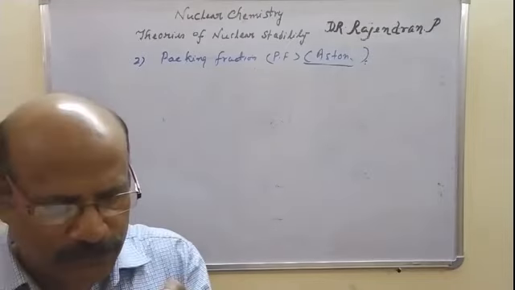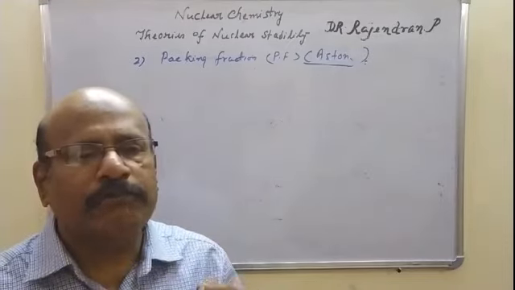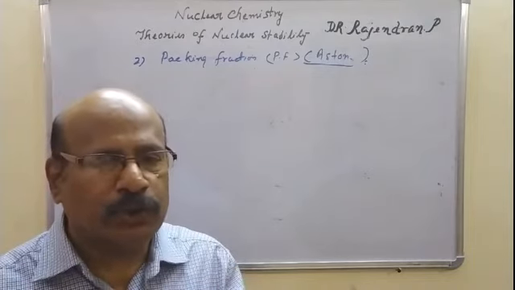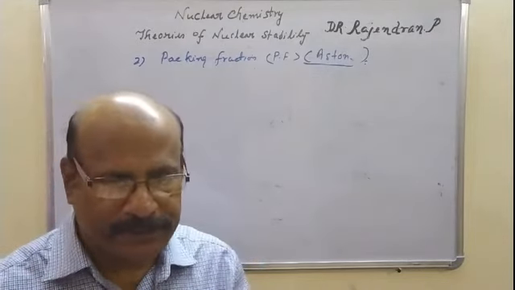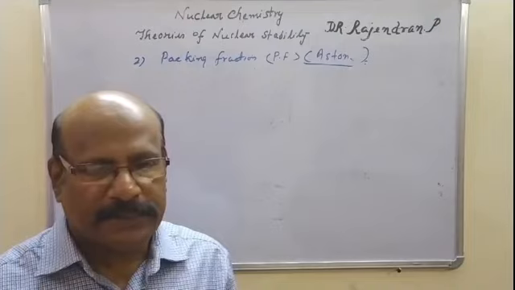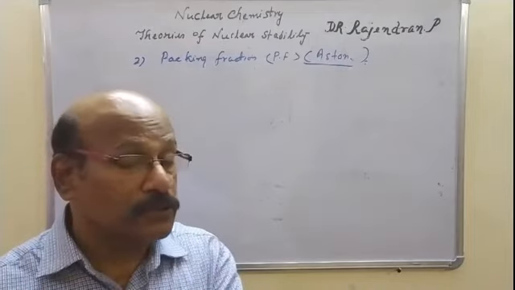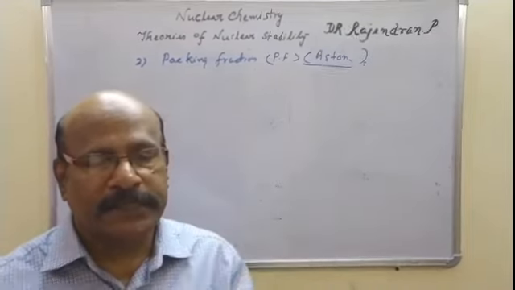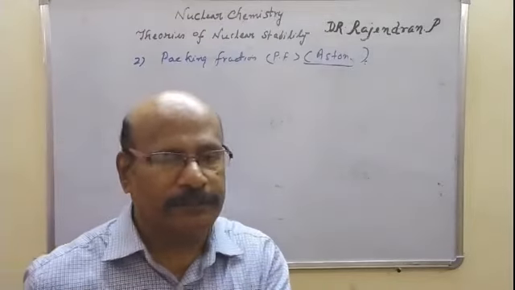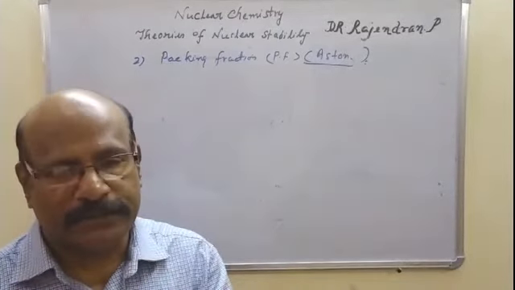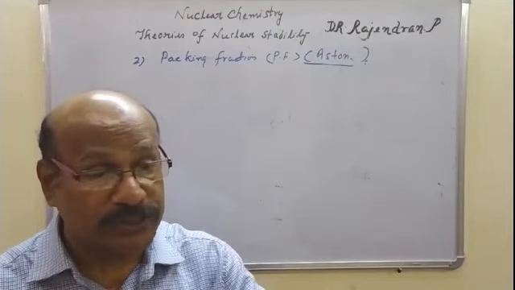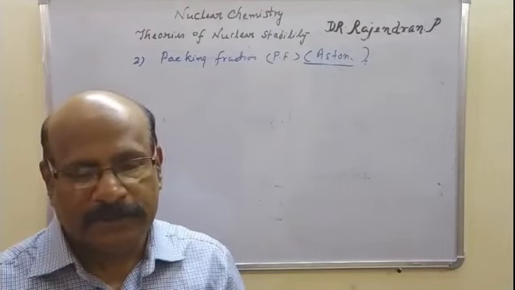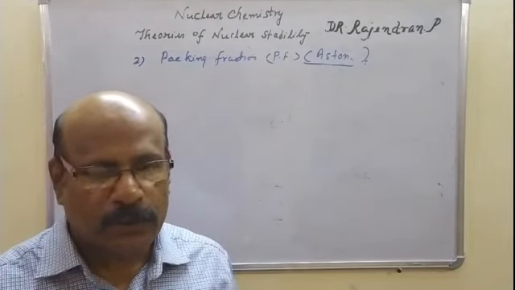Therefore, what I have to mention is that the actual mass of an isotopic nucleus or an atom is a quantity that is not a whole number. It is a quantity that is closer to a whole number. Okay. For example, oxygen is 15.999, not 16. Similarly, carbon is 12 point something.